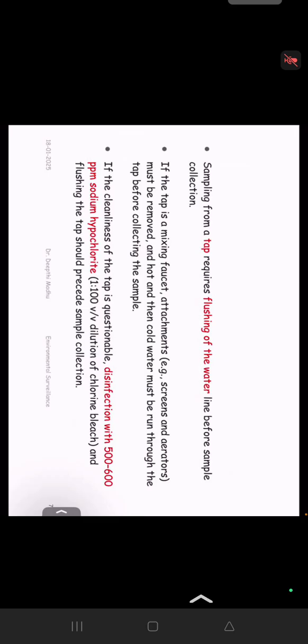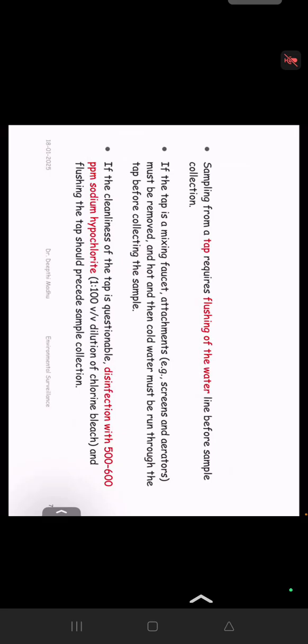If the cleanliness of the tap is questionable, disinfection with 500 to 600 ppm sodium hypochlorite and flushing the tap should precede sample collection. Suppose the tap is not proper, not well maintained, a little dirty, the sample that comes through the tap will also contain microbial burden.